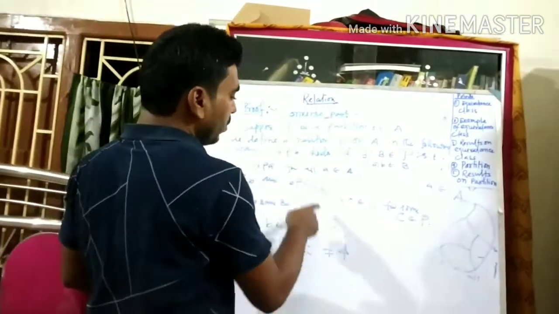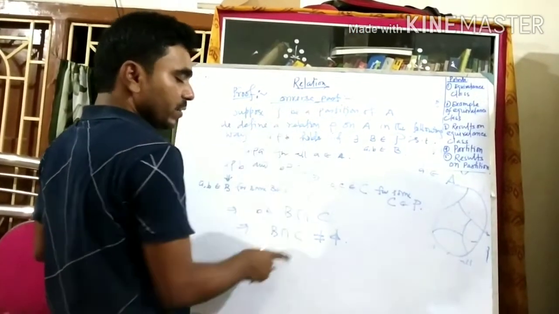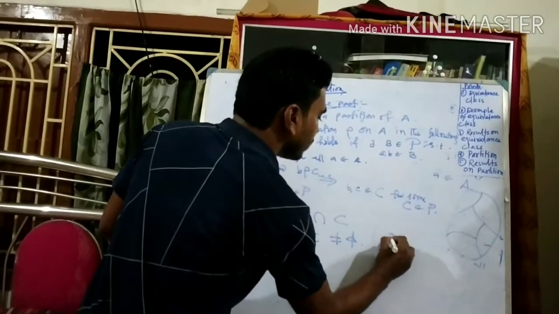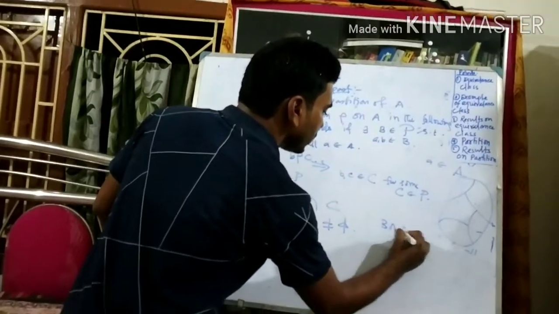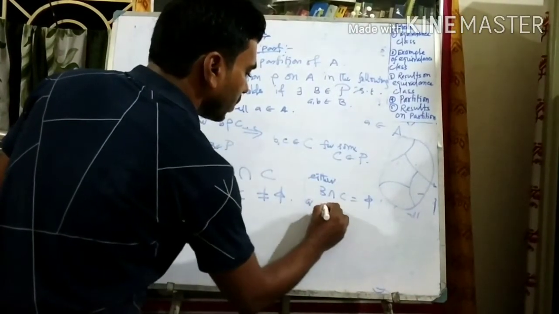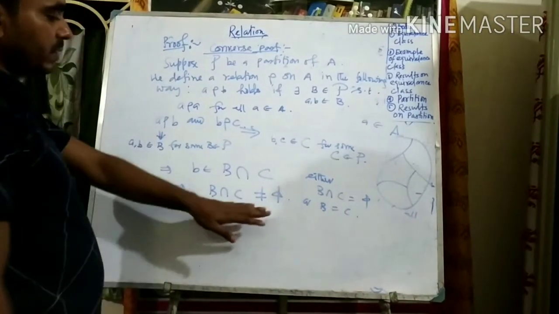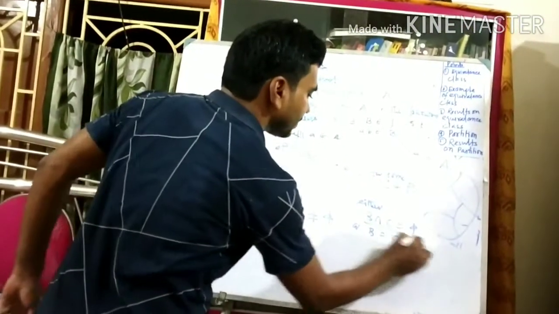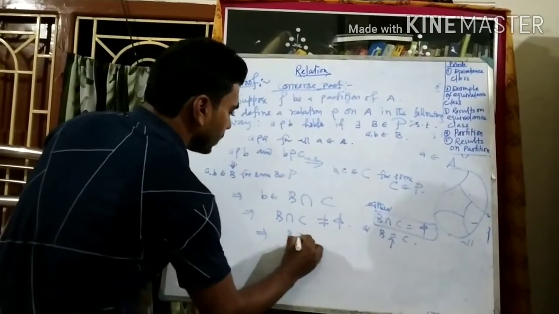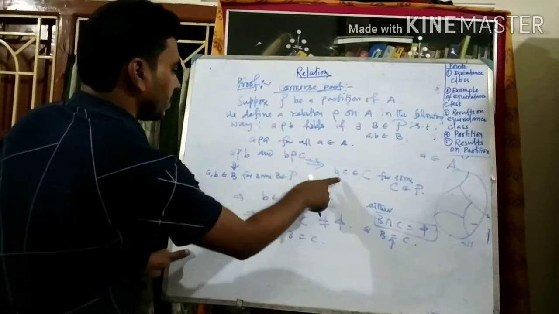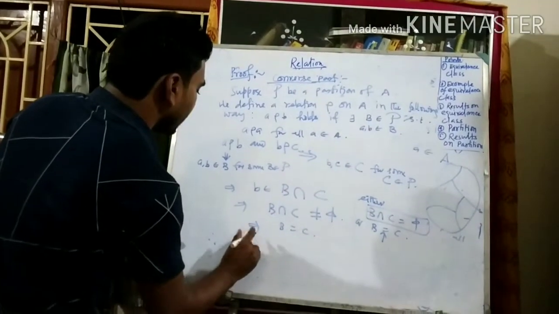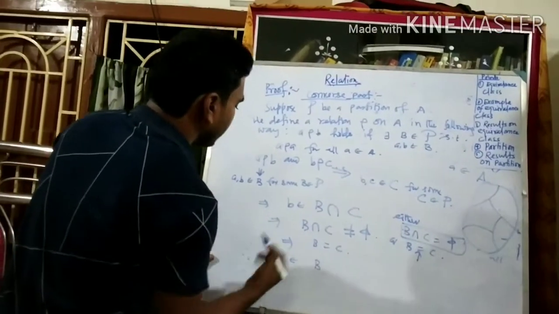And since B, C belong to P and P is a partition of A, one of these two things will happen, either B intersection C is empty or B is equal to C. Since this is not happening, therefore from the definition of partition, B is equal to C. And therefore we can say that A comma C belongs to B, right?